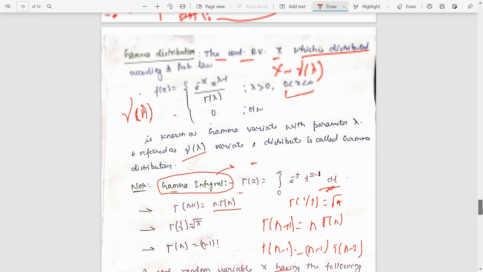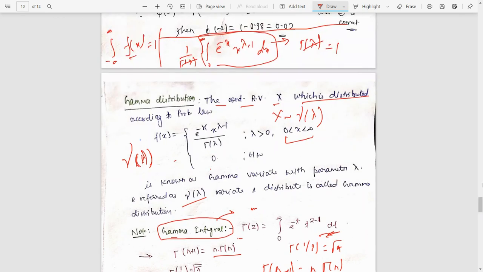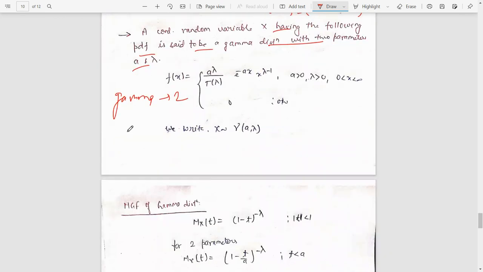What you saw earlier has only one parameter, lambda, but sometimes it is defined with two parameters, a comma lambda. The definition is the same, but we have some constant a. So it will be a to the power lambda, e to the power minus ax, x to the power lambda minus 1, upon gamma lambda. This is denoted as x follows gamma a comma lambda, because it's a distribution in two parameters.